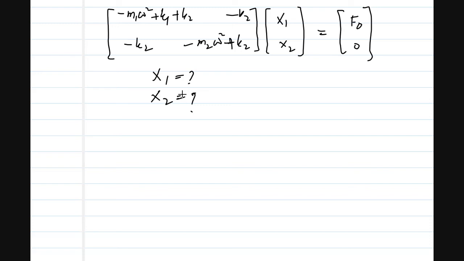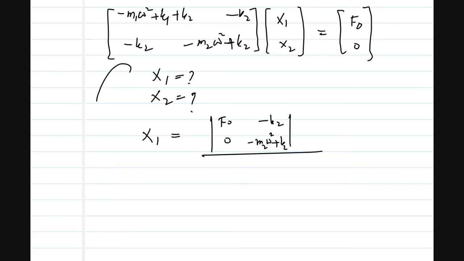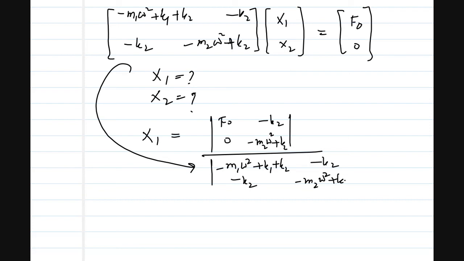For that, you have to use Cramer's rule. Cramer's rule says that X1 equals, if you replace the first column by F naught, 0, the determinant of [F naught, minus K2; 0, minus M2 omega square plus K2] divided by the determinant of the matrix [minus M1 omega square plus K1 plus K2, minus K2; minus K2, minus M2 omega square plus K2].